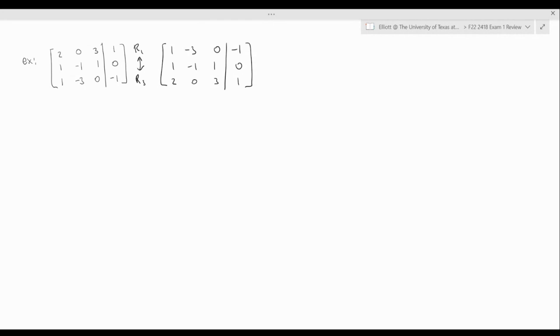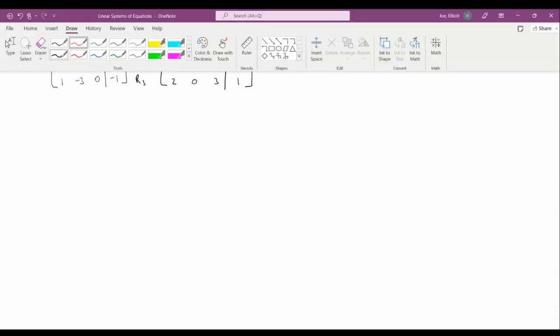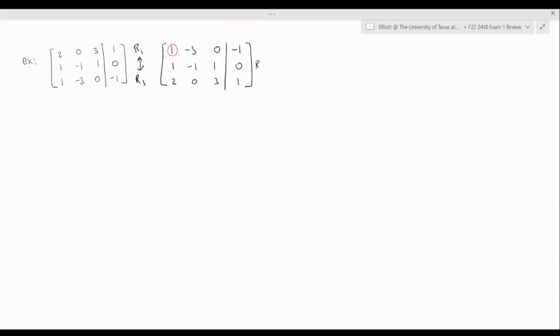And that's just going to make doing the math a little bit easier now. So now here's our first pivot, and we're going to use it to eliminate everything underneath it. So we would do row 2 minus row 1, and row 3 minus 2 of row 1. And then if we work out the rest of the matrix here, we have row 2 minus row 1, that's going to be -1 plus 3 is 2.